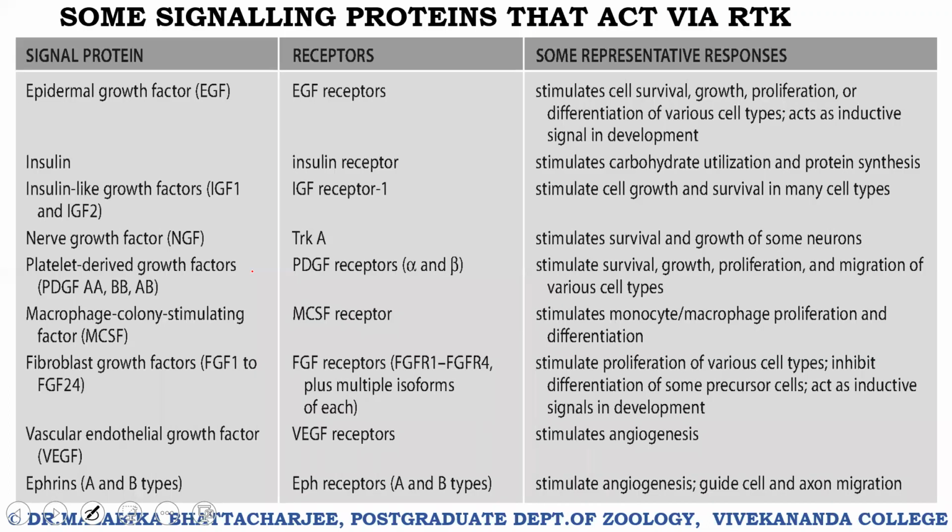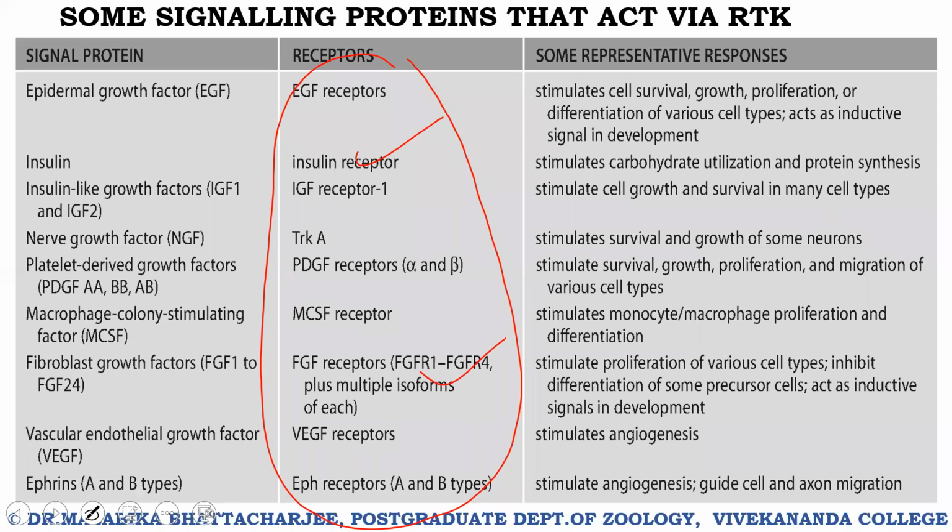As I was saying, this is a table of the different signaling proteins, the different receptors that act via the RTK pathway. In course of time, when you will be studying hormones, you'll be studying insulin. When you'll be studying cell cycle, you'll be studying the fibroblast growth factors.